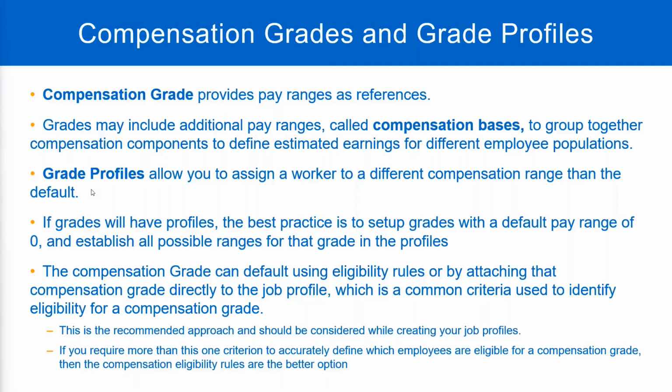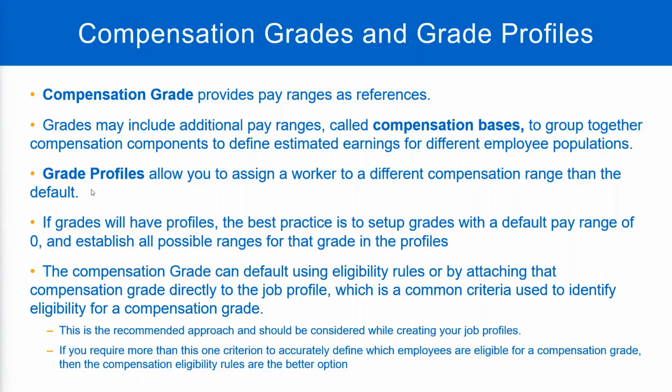The first option, and the most recommended option, is to directly assign it to the job profile, right? We will assign the compensation grade directly to the job profile. Correct. So that is the recommended approach, and it should be considered when you are creating your job profiles.